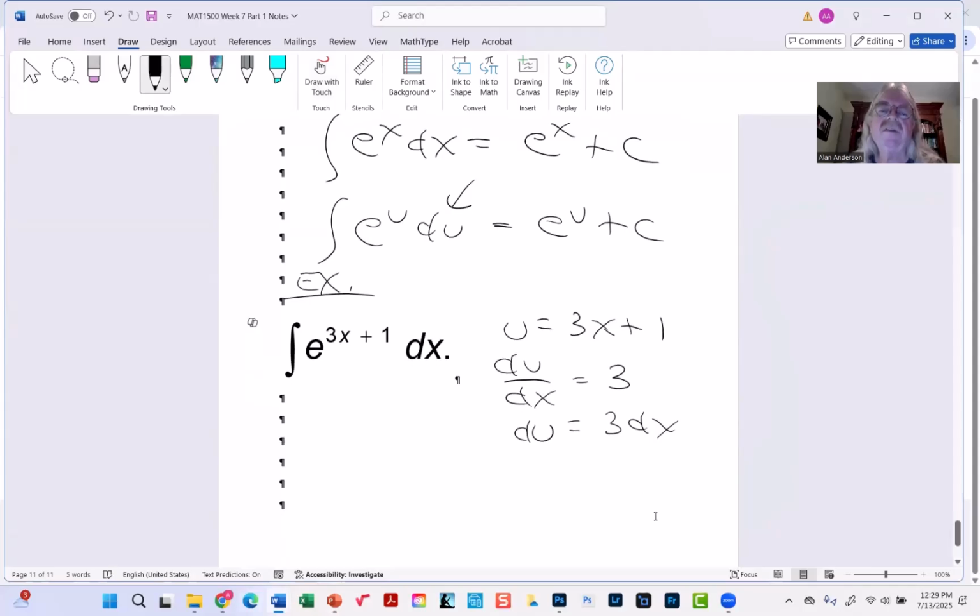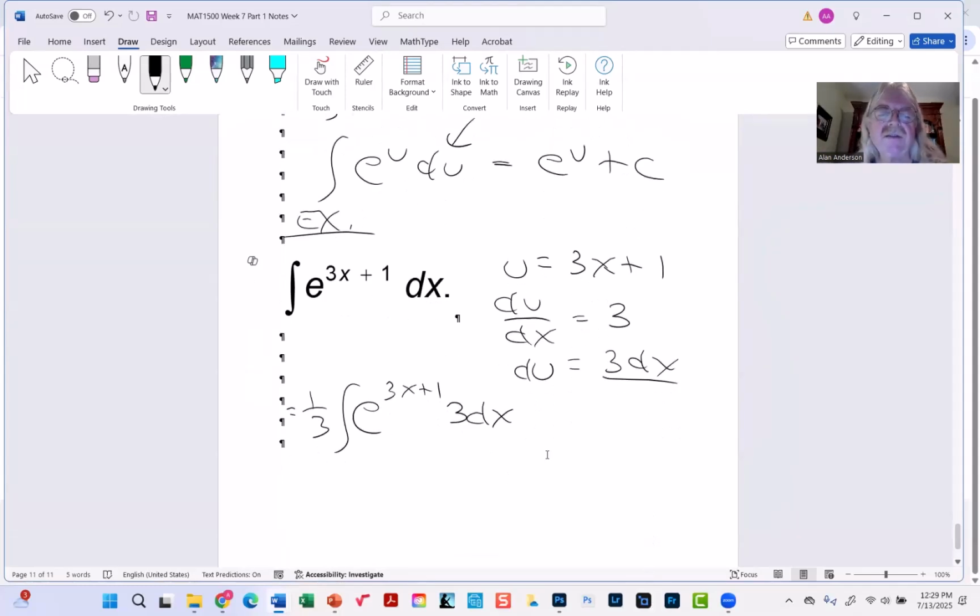And therefore, now, of course, as so often is the case with these u substitution problems, we're very close to having du. We're just not quite there, but since a constant is all that's missing, we can supply it ourselves. You can see we need the 3. So let's rewrite this as 1/3 e to the 3x plus 1, 3 dx. Okay, now, of course, this doesn't change anything. That's the same expression.